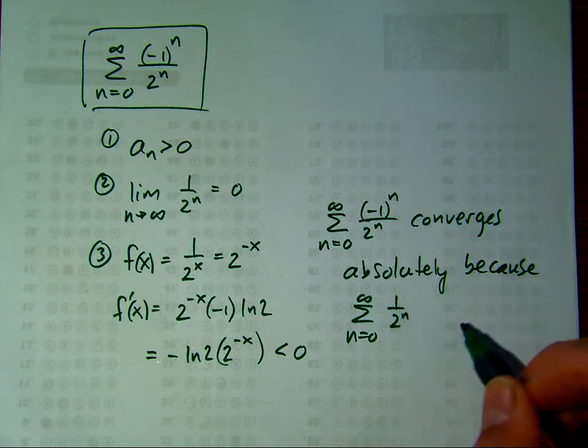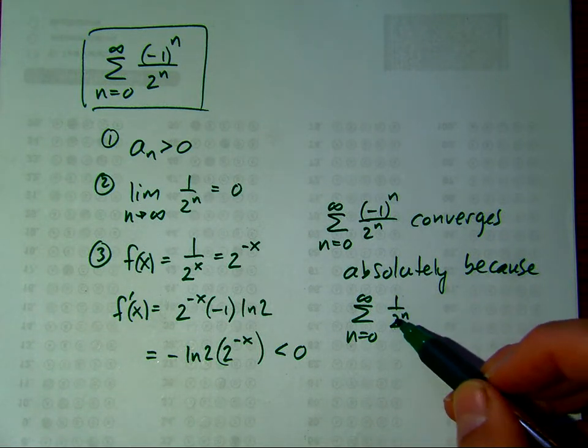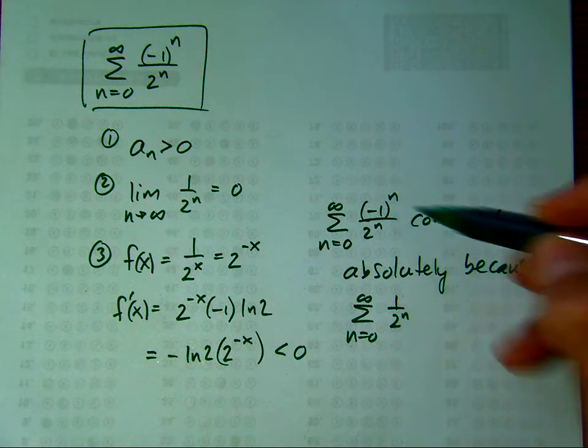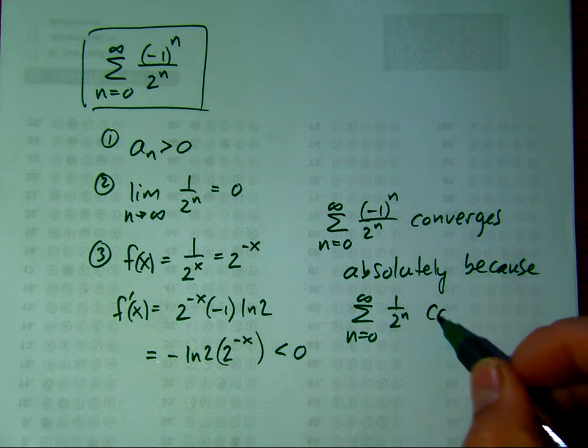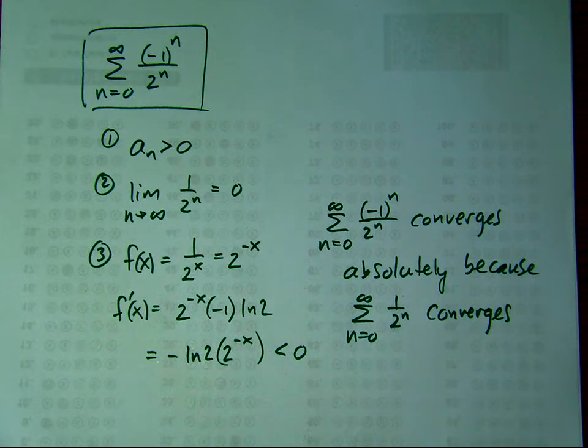This is a geometric series, a convergent geometric series. It will converge whether there's an alternating sequence or not. The -1 is not required for convergence.